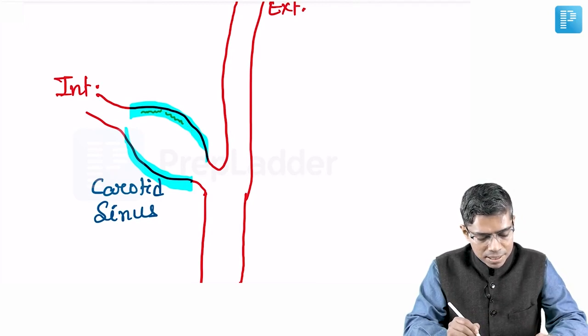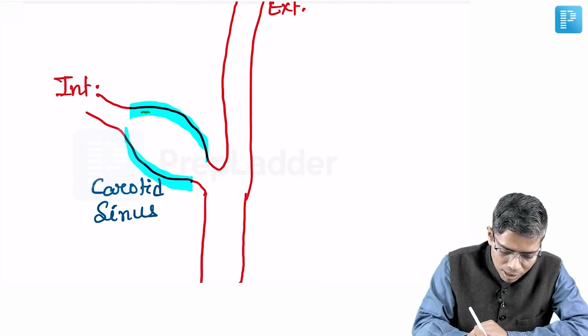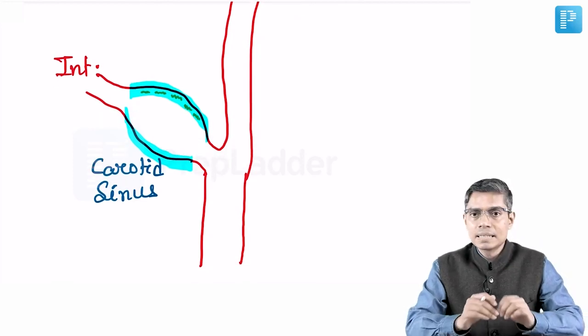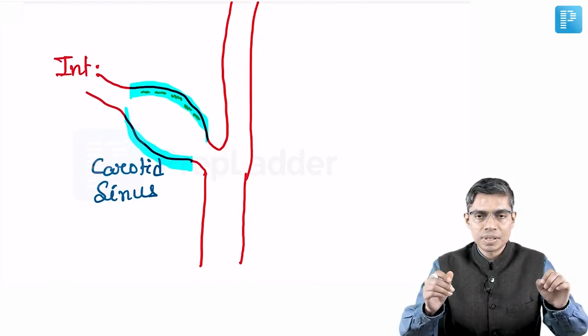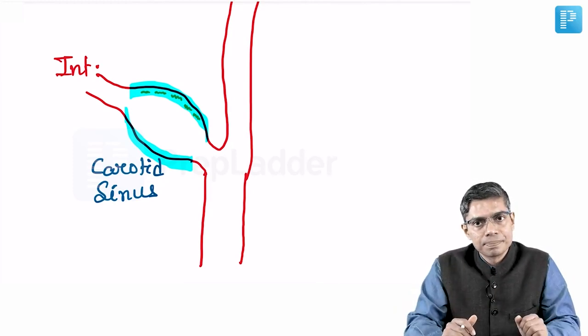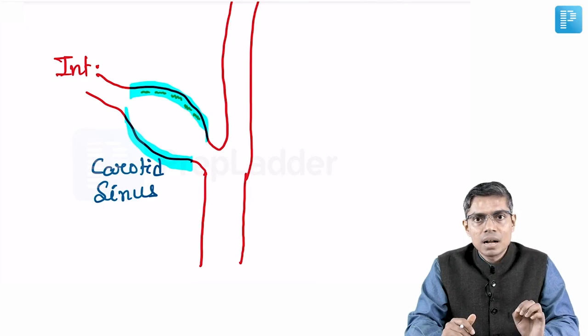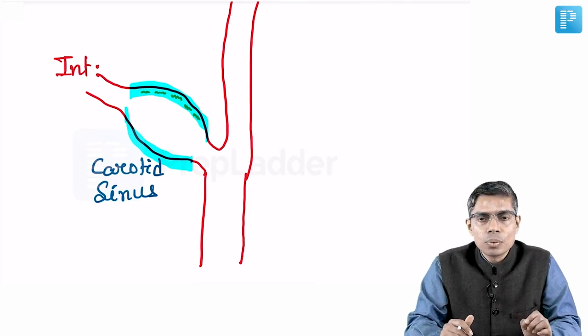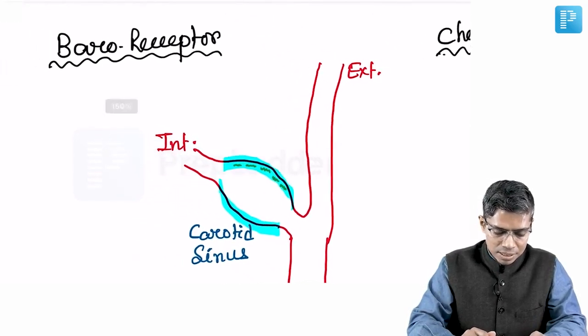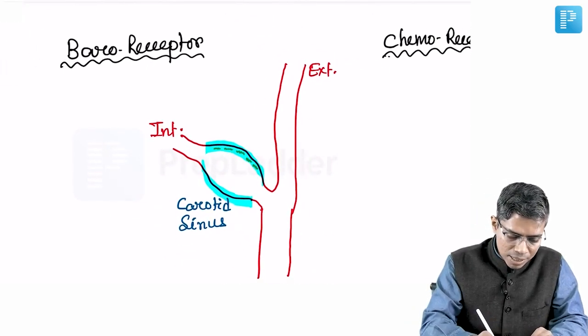So what I'm saying is that the wall of this carotid sinus contains some receptor. This receptor can detect the stretching of this sinus region, and these receptors are known as baroreceptors.